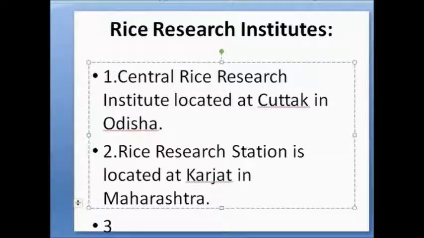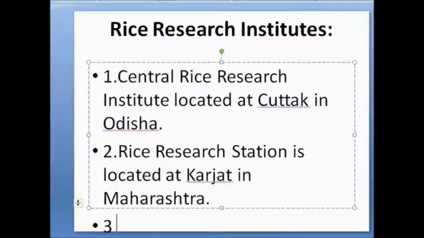Moreover, there are other institutes located all over the world, and as per their climatic condition, soil condition, water availability, and other factors, research is carried out on rice, and various varieties are developed as per the local climate.